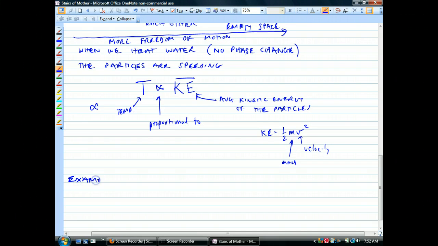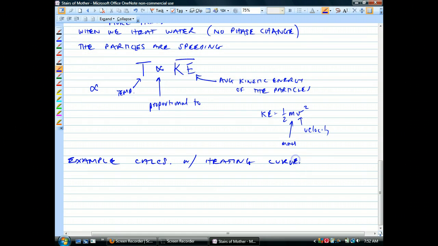Example calculations with the heating curve. Let me say it this way.